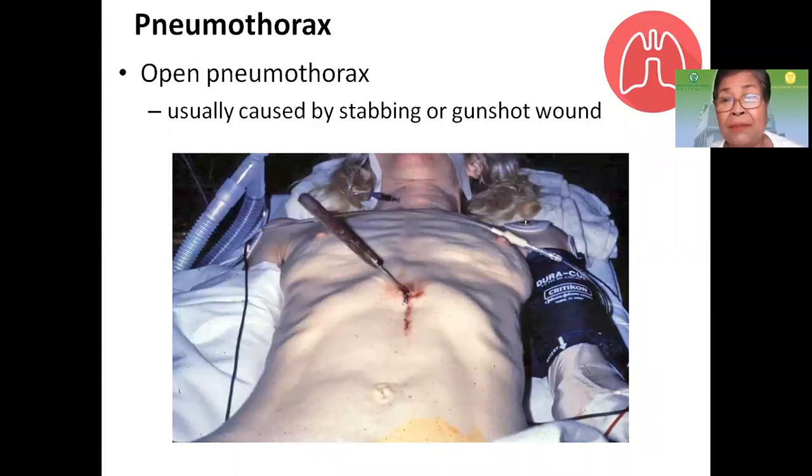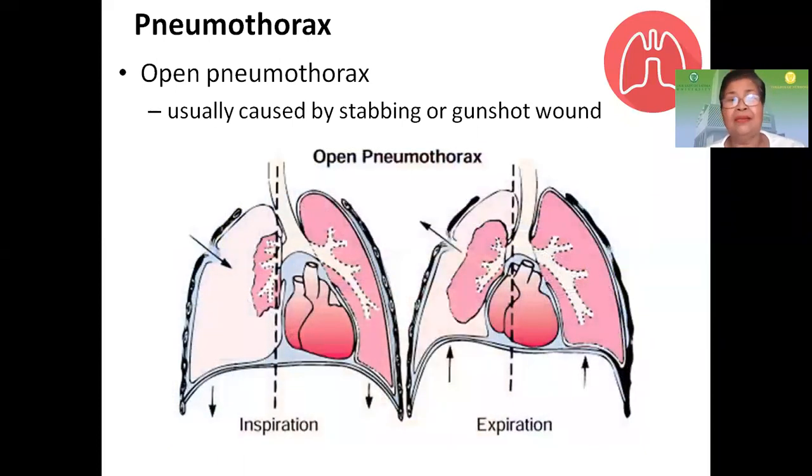Bago tanggalin, dapat tatakpan. O kaya nurse, if you hear a sucking sound na parang may humihigop sa loob, so apply dressing. Okay, apply dressing to prevent entrance of air.